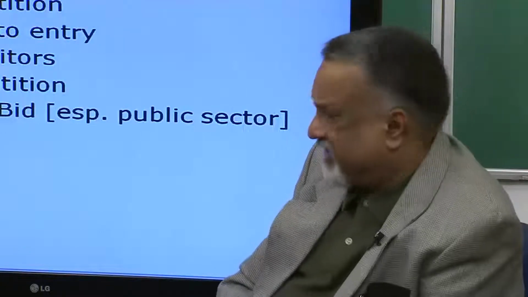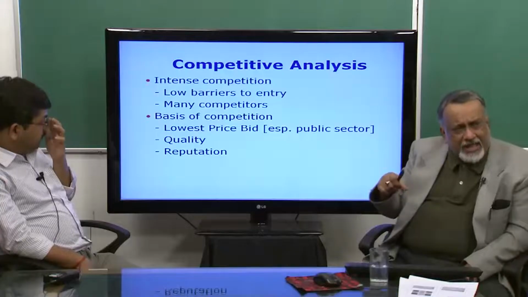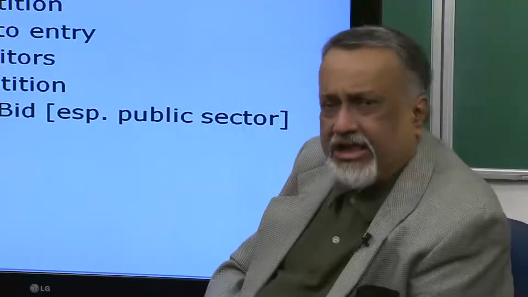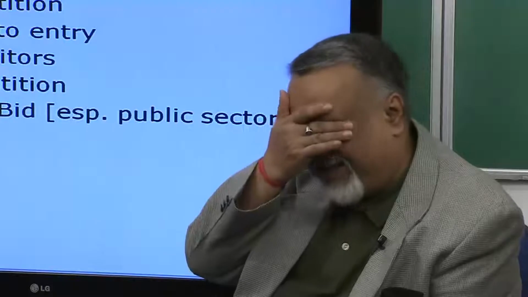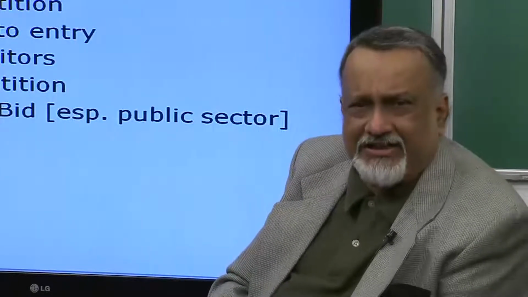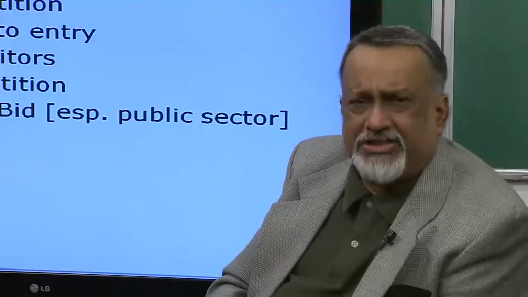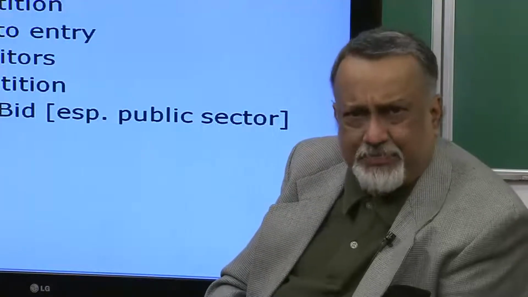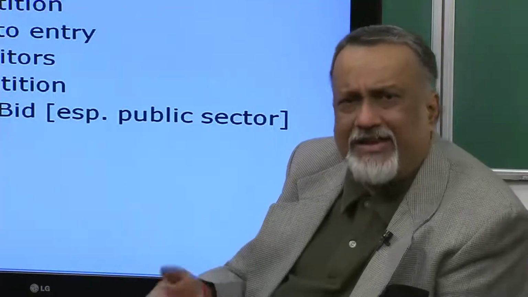This is a new factor which is introduced: what is the basis of competition, how customers choose a particular supplier. For example, in the public sector where JC company mostly operates, as we described earlier in this session, most purchases are done through a tendering process, and the lowest price bid among the technically qualified suppliers will win the contract.